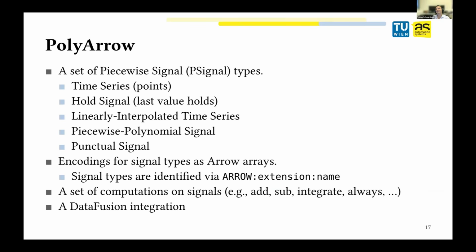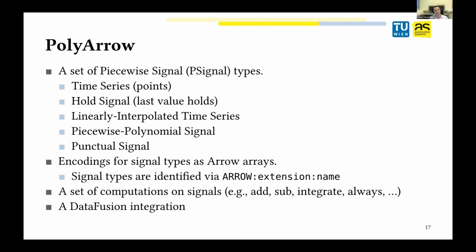And so if I have to describe PolyArrow on one slide, it's basically a set of piecewise signal types. So we have a regular time series. These are really just points, so there's no interpolation between them. It's just a set of points, basically. Then we have a hold signal. You often see these step functions where the last value holds until a new value arrives.